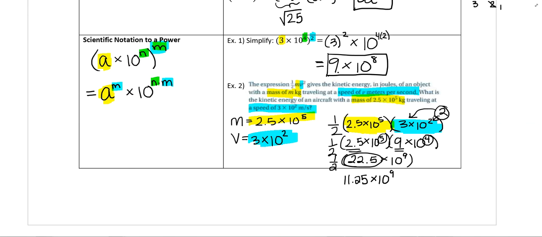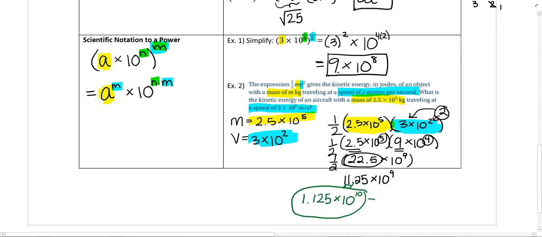We still need to fix this because this is not in the correct form. We're going to need to move this decimal so that it's 1.125 times 10 to the, well, that would make it 10 to the 10th. And there is our answer, and this represents the kinetic energy of this plane in a unit called joules.